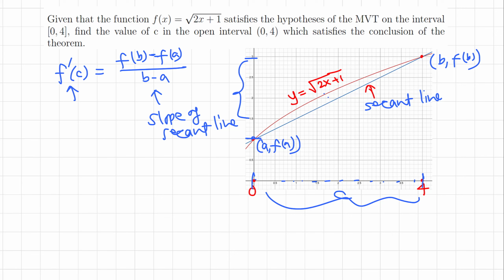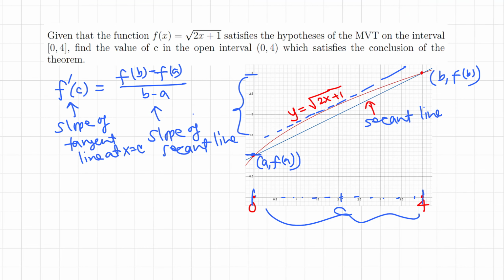Okay, c will be somewhere here, I don't know, and then we can draw a tangent line which will have the same slope as this secant line. That means the tangent line will be parallel to the secant line. This is the slope of the tangent line at c.